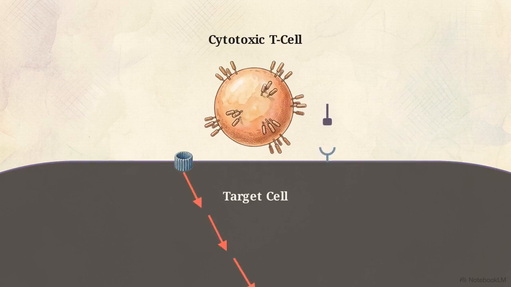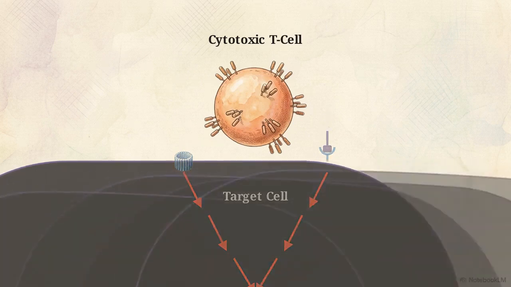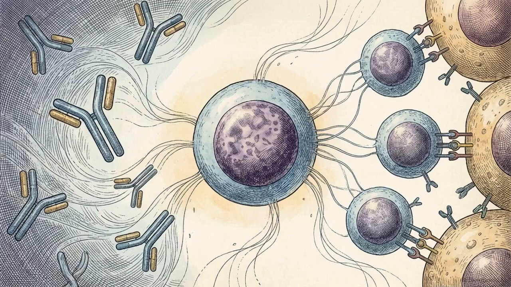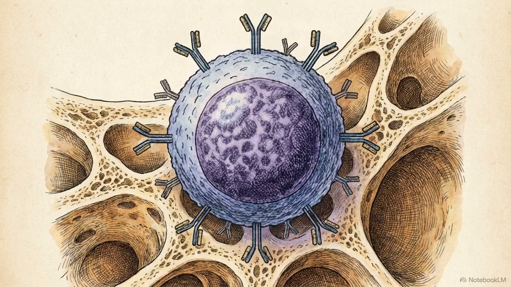Alternatively, the Fas-Fas ligand pathway uses receptor interaction to trigger the same cascade, resulting in programmed cell death, or apoptosis. These execution methods, fluid-based antibody neutralization and direct cell-to-cell apoptosis, are centrally coordinated by CD4-positive helper T cells releasing regulatory cytokines. The successful resolution of an infection generates long-lived memory cells.